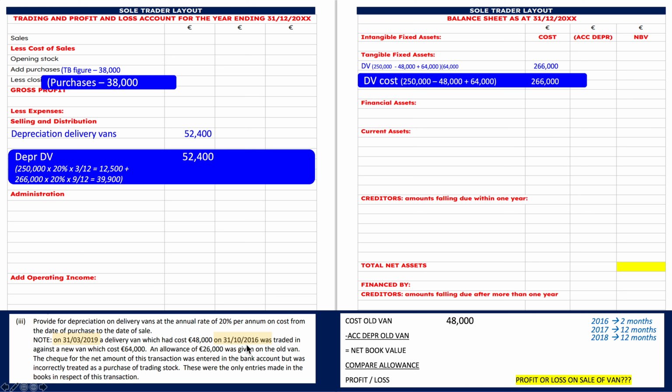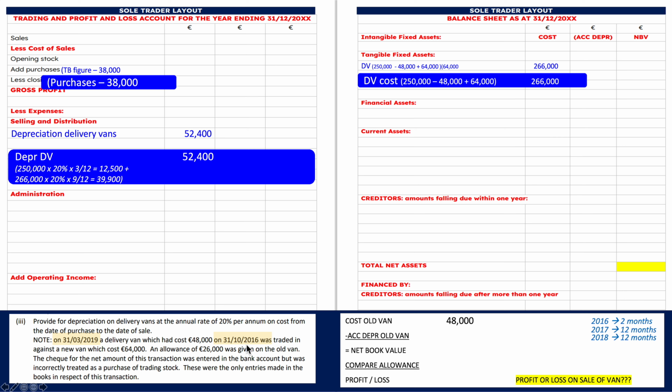So they got 26, but it was only worth 24,800 according to their book, so it was 1,200 profit. So if it's a profit on sale of van, we're going to put it into add operating income there. So 1,200 goes into add operating income, and they're the three figures that are giving you the marks there.